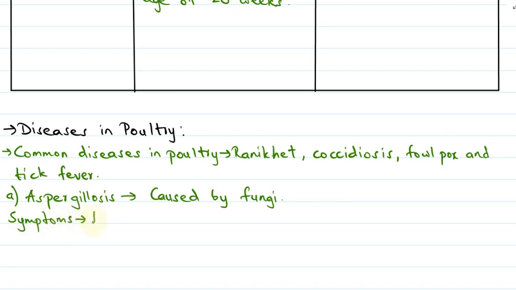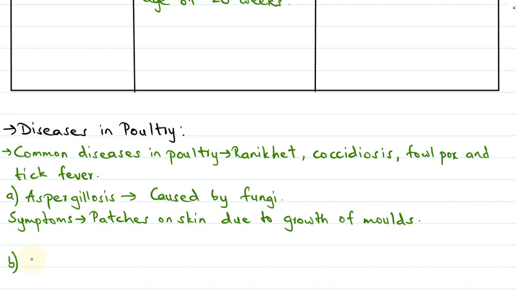It leads to the formation of patches on the skin, and this is due to what? It is due to the growth of the molds. As the molds grow on the skin, it leads to the appearance of patches on the skin of fowls.